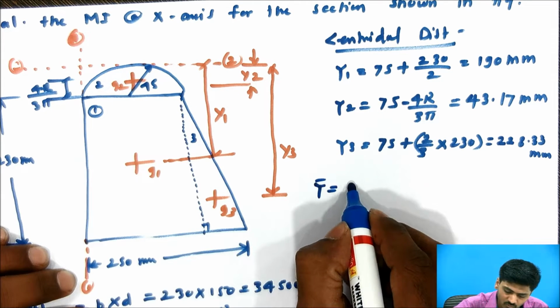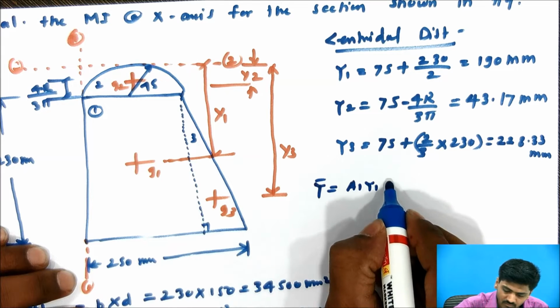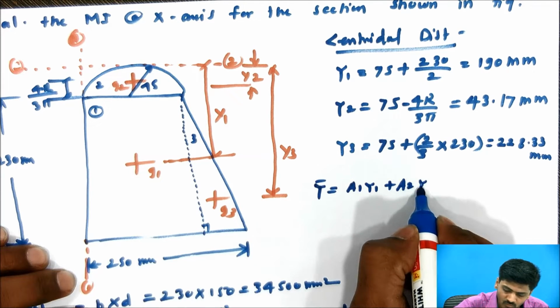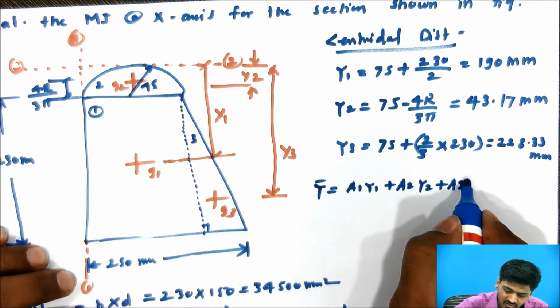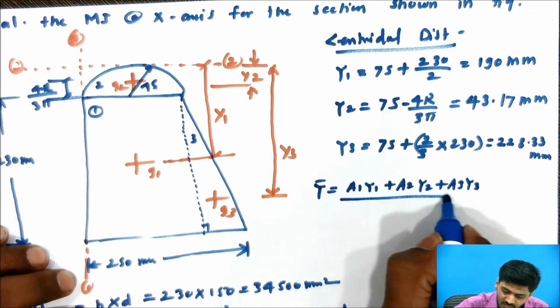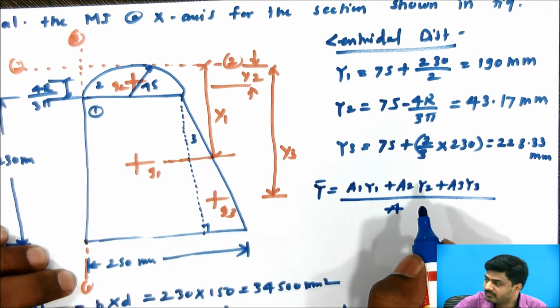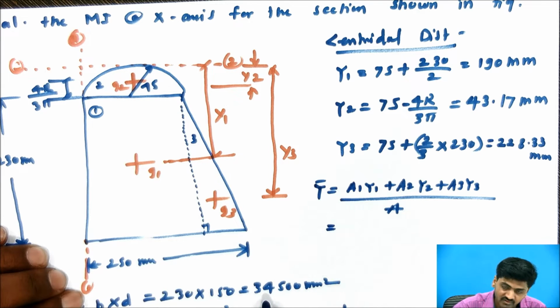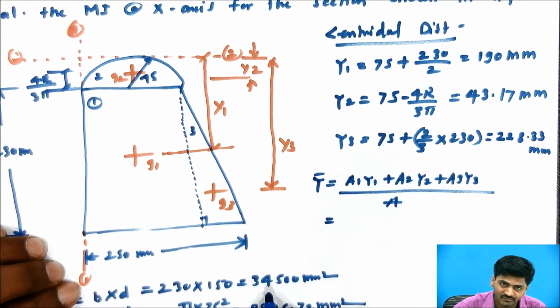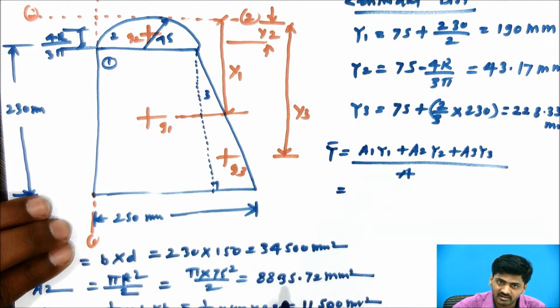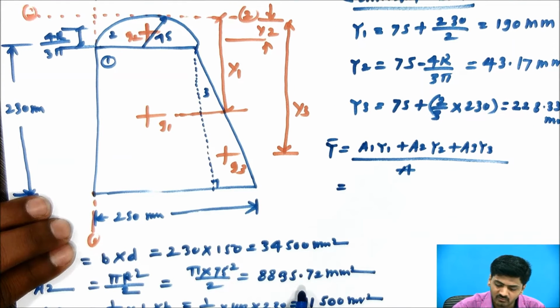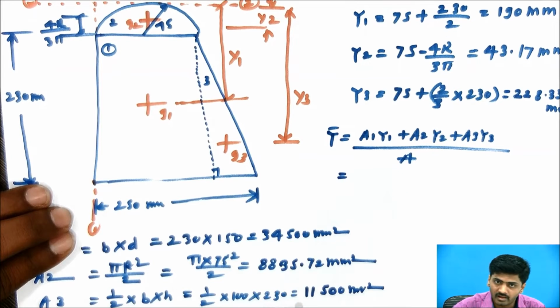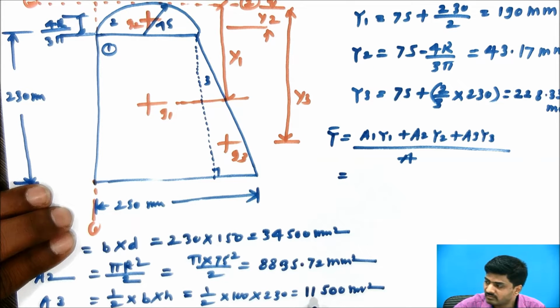Next part is the y bar. Y bar is equal to A1 y1 plus A2 y2 plus A3 y3 divided by total area, that is A1, A2, A3. A1, all of you know, 34500. A2 is 8835.72 and A3 is 11500 mm square.